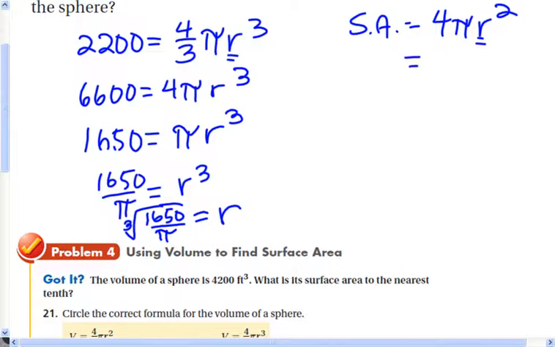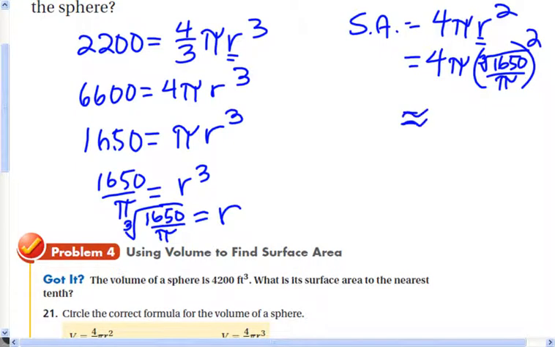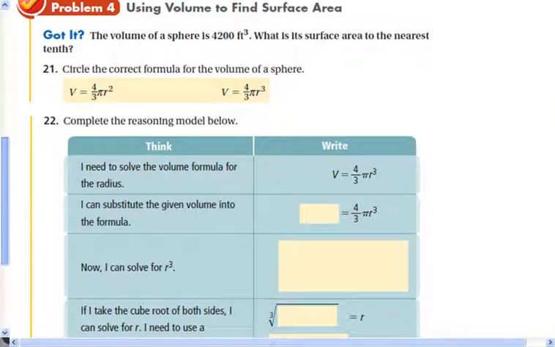So what I did is 4 times pi times the cube root of 1,650 divided by pi, and then squared that. I just did all that on my calculator, and I got about 818. This would be square yards. All right, you can go ahead and try that.